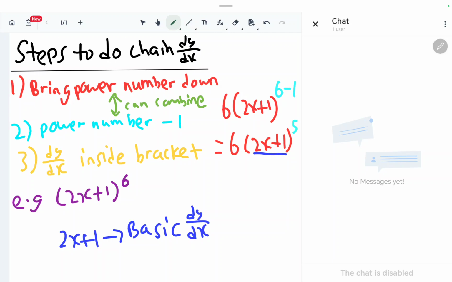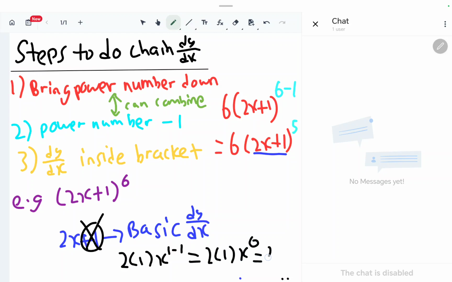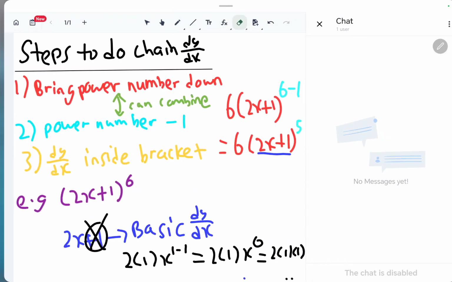So if we do basic differentiation, differentiate 2x plus 1, the 1 here, ignore. Power bring down, so it's 2 bracket 1 x 1 minus 1, which is 2 bracket 1 x power 0, which is 2 times 1 times 1, which gives you 2.